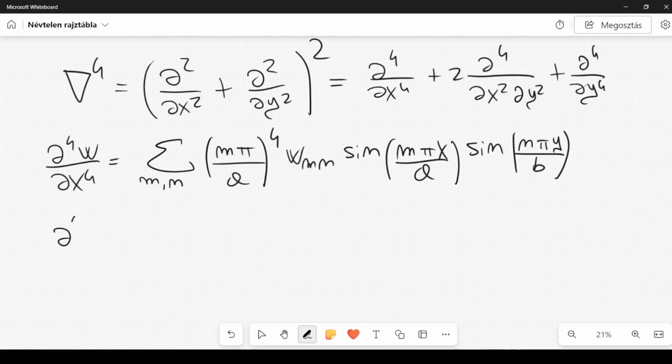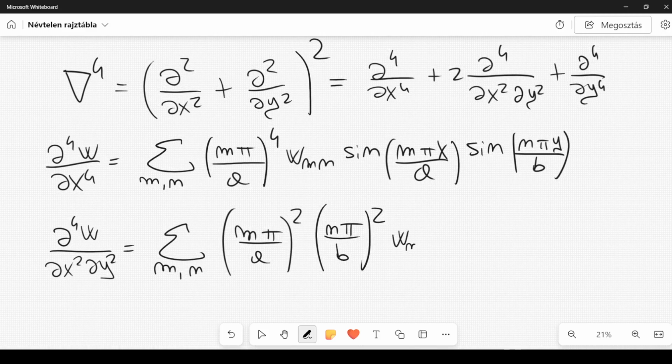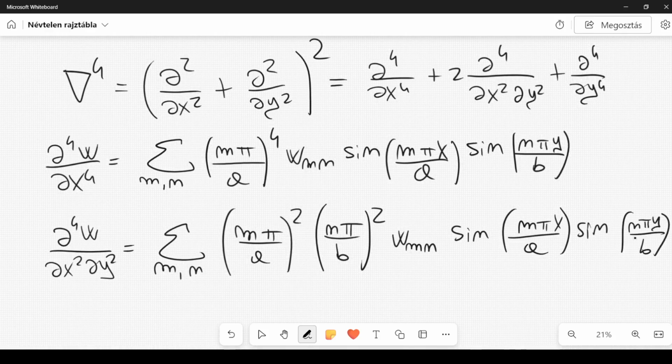Similarly, we can calculate d4w dx squared dy squared, which is equal to summation over m over n. In this case, we are going to get m pi over a squared n pi over b squared wmn sine of m pi x over a sine of n pi y over b.